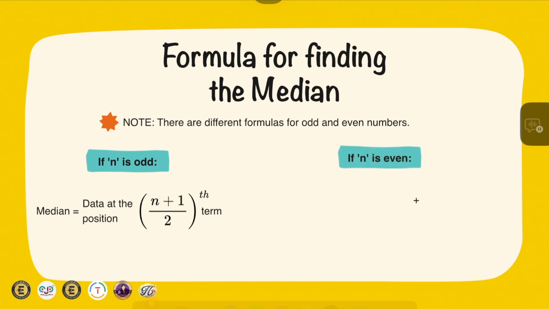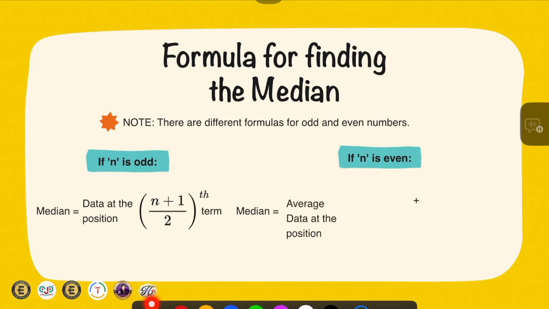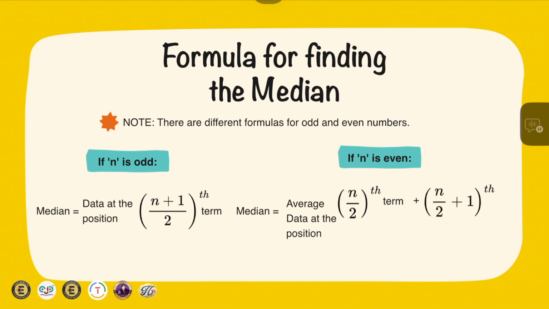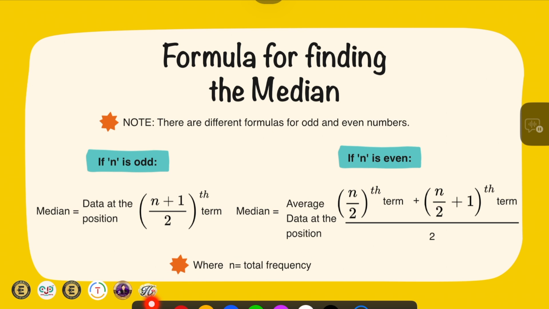If n is even, the median is the average of the data at the positions n over 2 term and n over 2 plus 1 term, divided by 2. Remember, n is the total frequency from the frequency table.